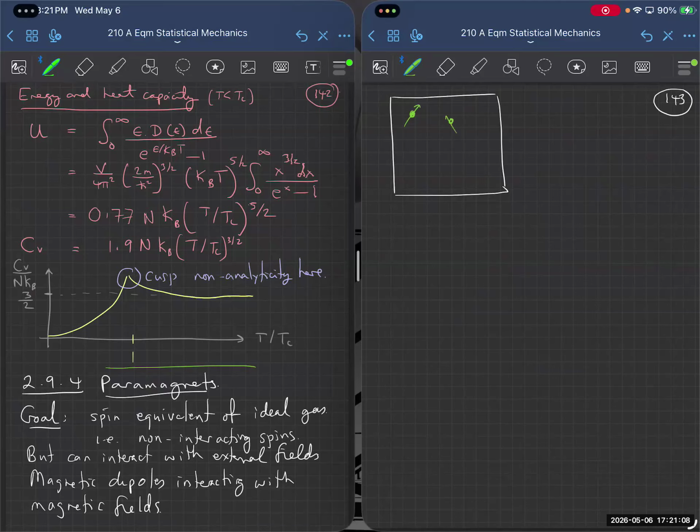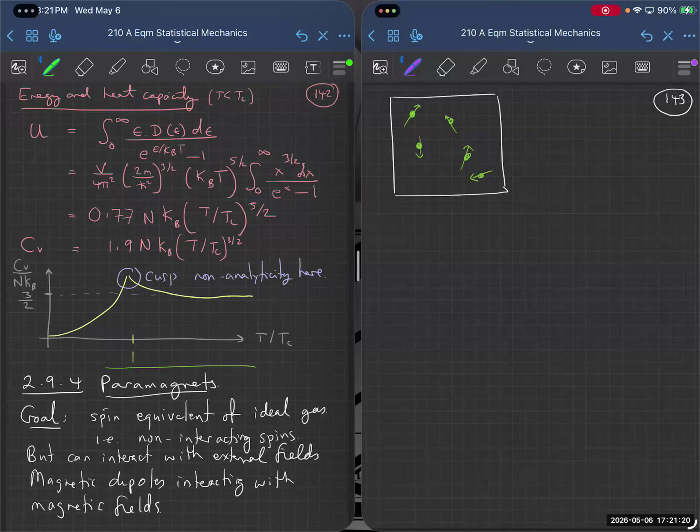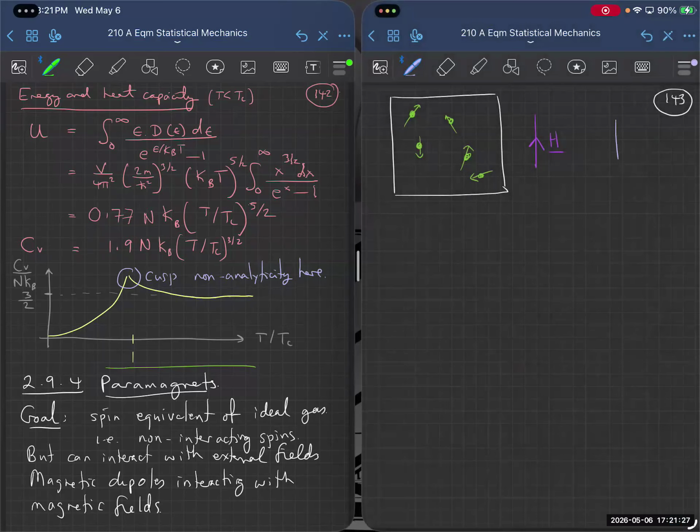Here's another atom, a spin vector associated with that. Here's another atom, a spin vector associated with that, and so on and so forth. And then we're going to have an external magnetic field like that. And we're going to draw our coordinate system like so. So this will be X, Y, and Z.